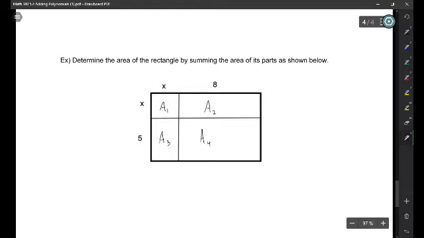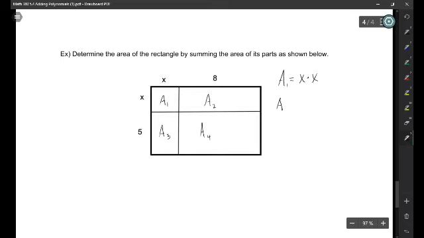So we have area 1 is x times x. Then area 2 is, this here is x, and this length is 8. So 8 times x.